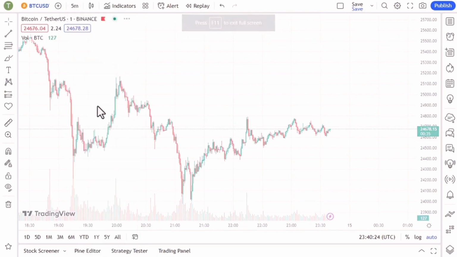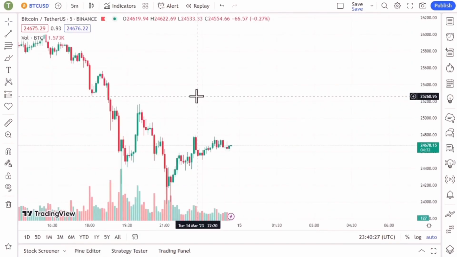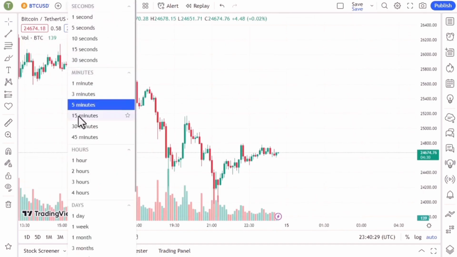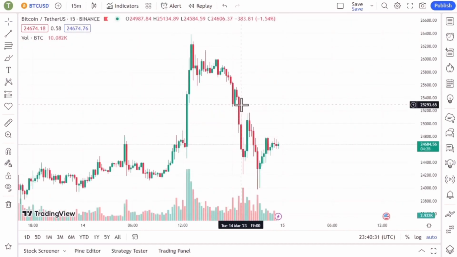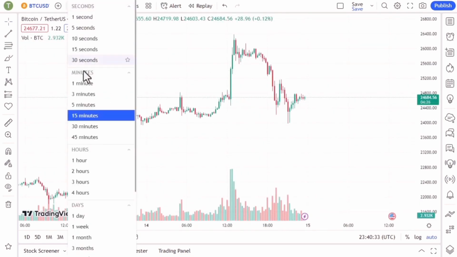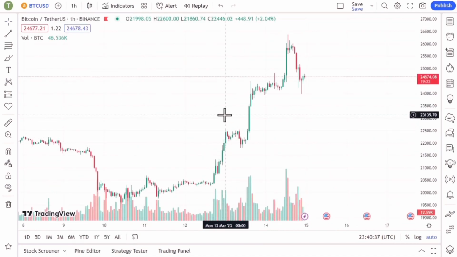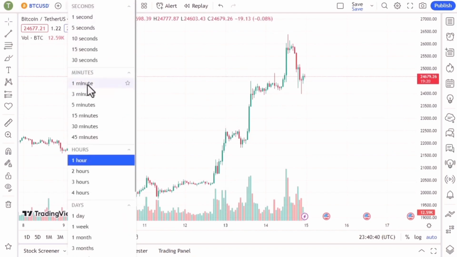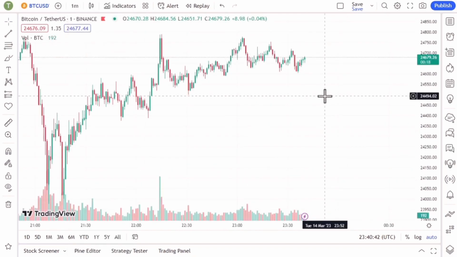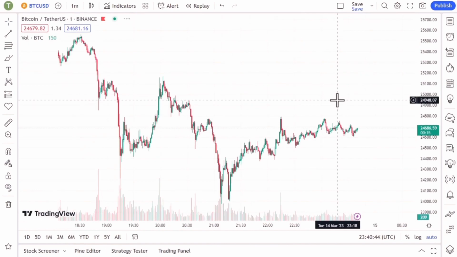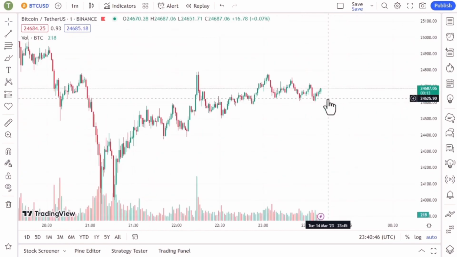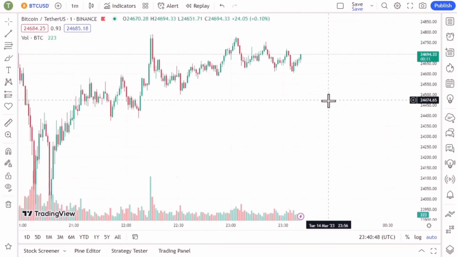If I change the time frame to 5 minutes, you can see it becomes smoother. See? And then to 15 minutes, more smooth. To 1 hour, even more smooth. So when you break it down, it becomes more and more volatile, which is not good for you as a beginner.